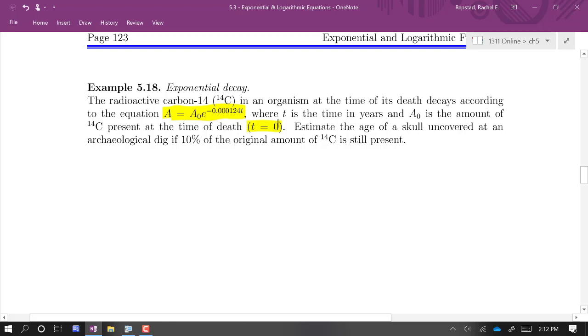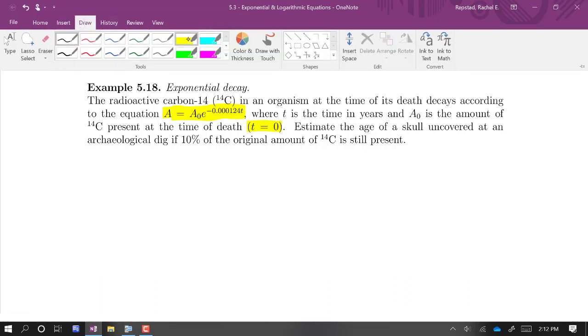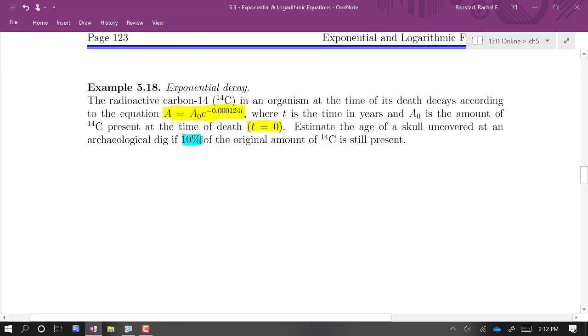We want to estimate the age of the skull uncovered at an archaeological dig if 10% of the original amount of carbon-14 is still present. So what they're telling us here at the end is that 10% of the original amount is still present. They're telling us that the amount A is equal to 10% of A naught, or 0.1 times A naught.